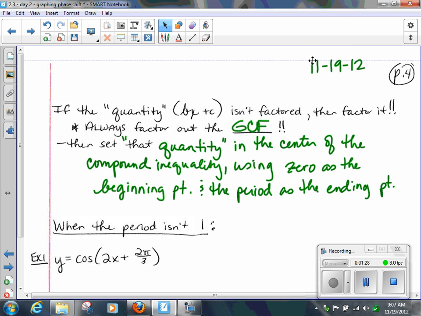It helps us determine those intervals. Okay? So that's what we're going to do.